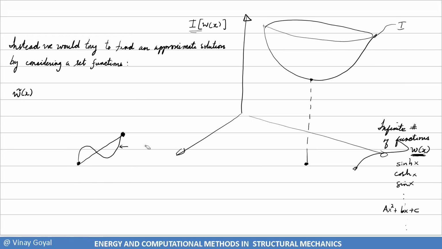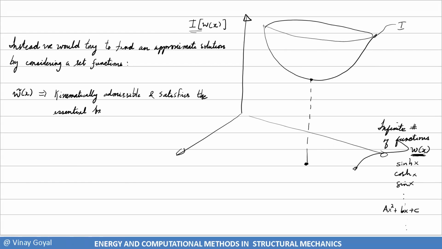So I want to make sure that my approximation w is kinematically admissible and satisfies the essential boundary conditions.